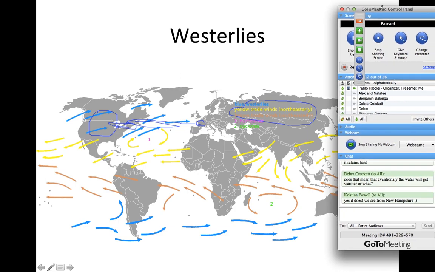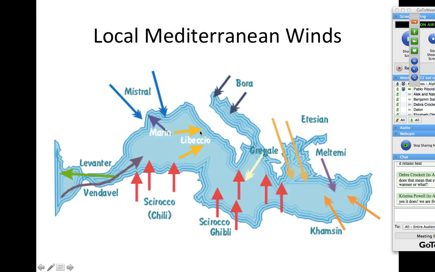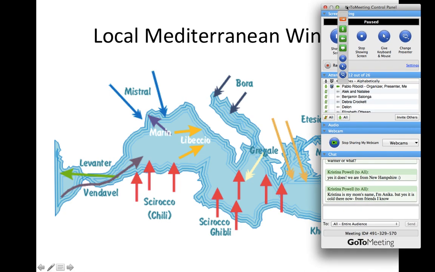So all the area of Siberia in Russia doesn't benefit from that. It gets very, very cold in those areas that are at high latitude with no influence from the ocean currents. There are also in Europe some local winds. These are kind of local events.